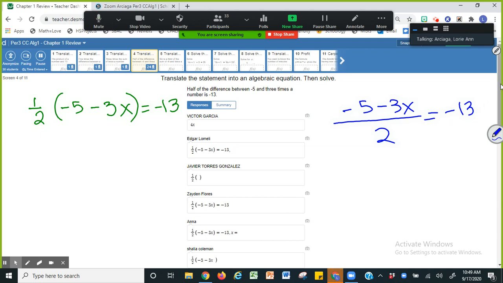So if you're not comfortable with fractions, because this might be confusing for you, you can write the problem this way, all over, because that gives you a signal that you have to cross multiply that to the -13, right? So you could do that. You cross multiply.